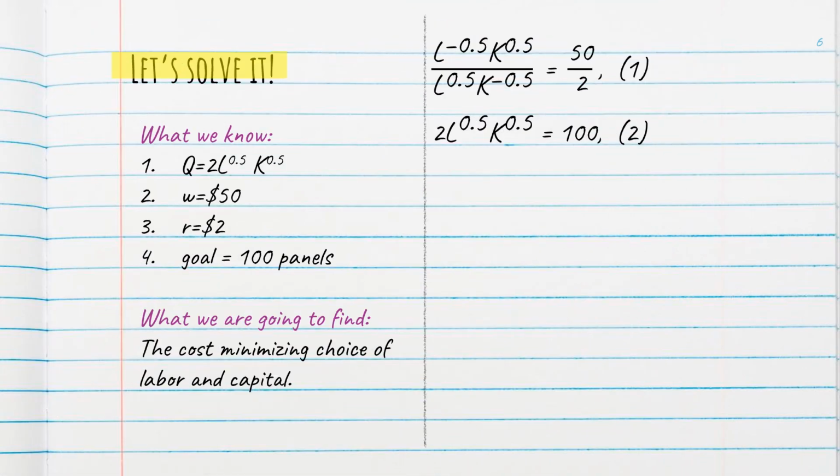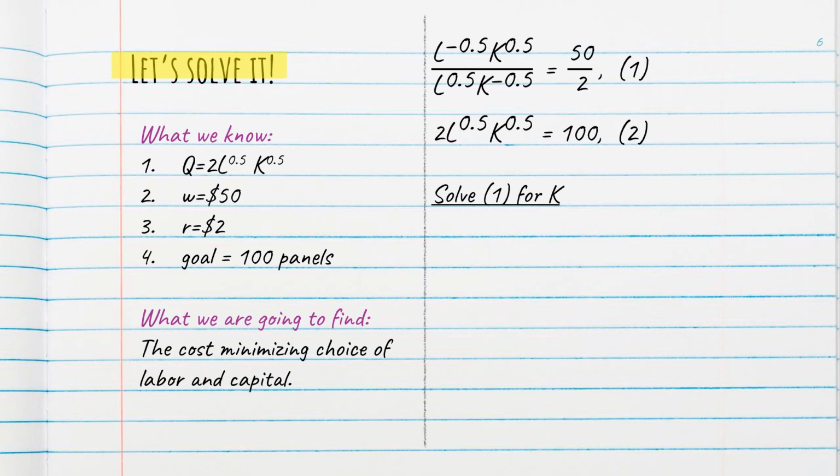From our tangency condition and our isoquant or our production constraint, we can start solving. So I'm going to solve equation 1, the tangency condition, for K. It's not going to be a number, it's going to be how K depends on L. This should feel very familiar. It's just like working with a utility function and marginal utilities. So we're going to simplify this down. Notice that we have an L to the negative 0.5 in the numerator.